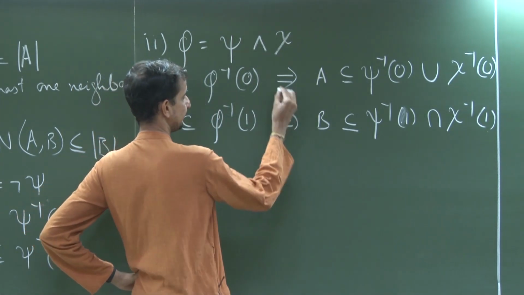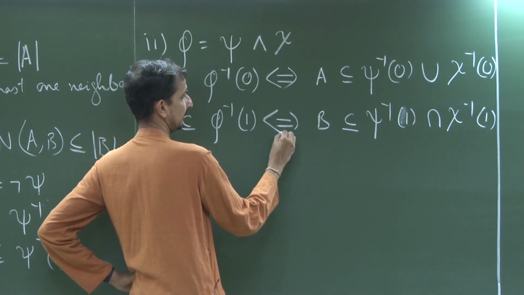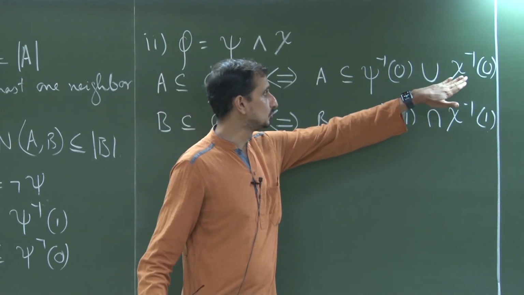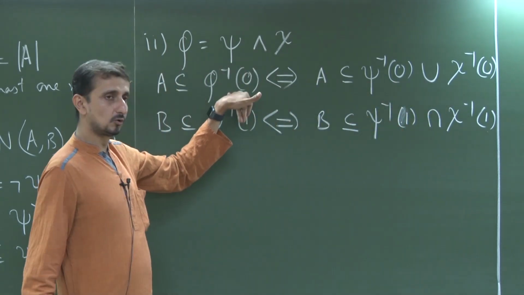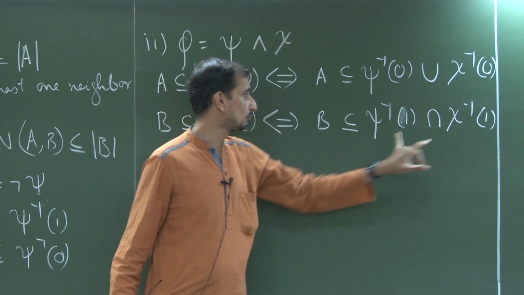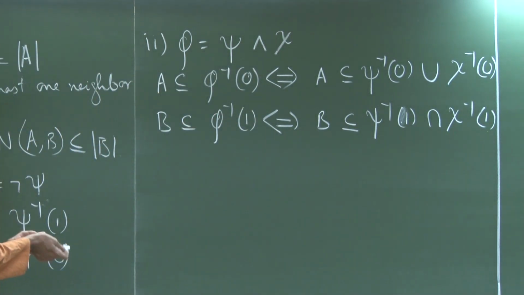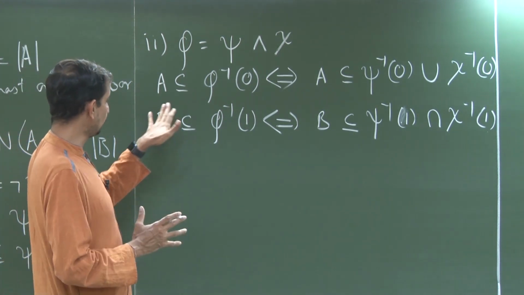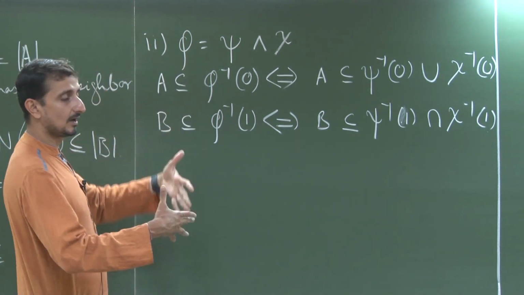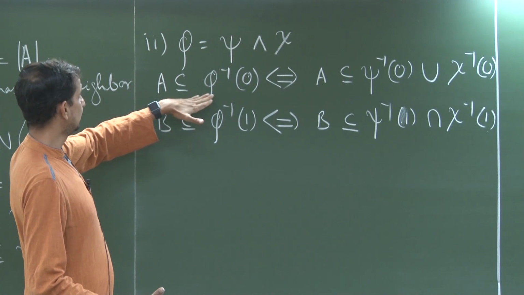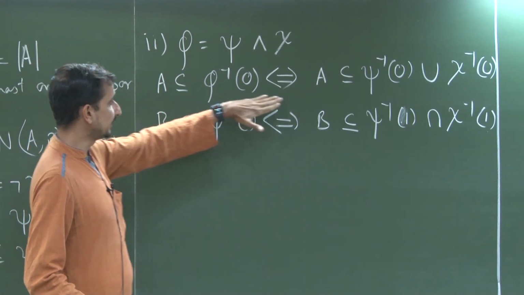Once again, this is if and only if, right. If either of them goes to 0, then this would go to 0, and if both of them go to 1, this will be 1, right. So, now we know how to state an input in terms of the sub formulas over here.